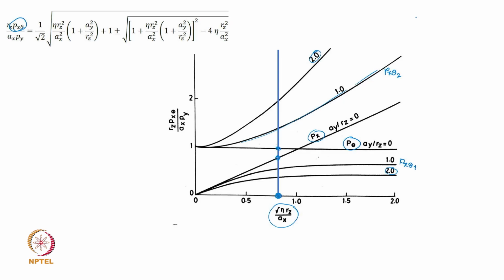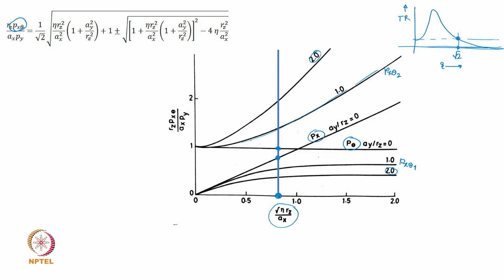Now recall what you learned for a single degree of freedom system. This is our magic point. Don't forget single degree of freedom. This is the transmissibility ratio.